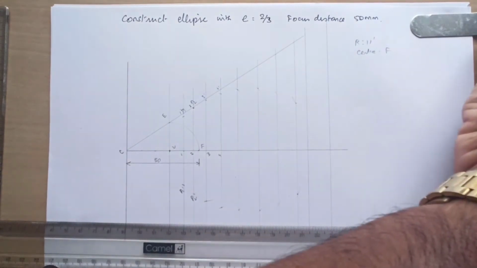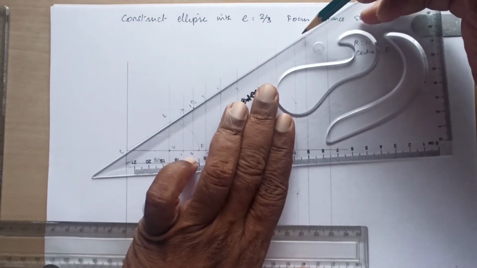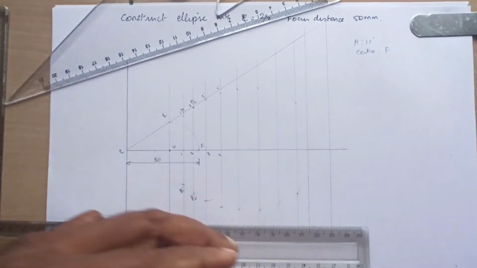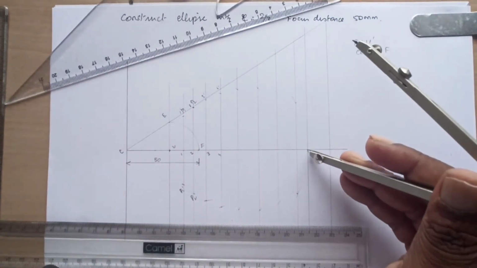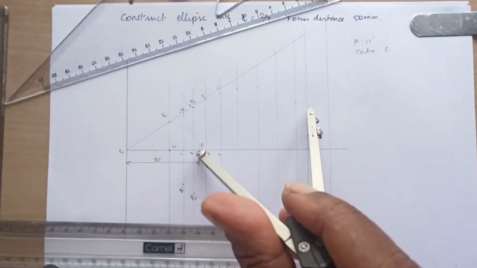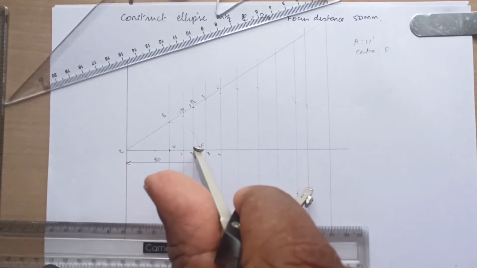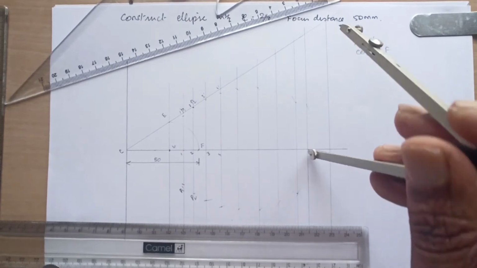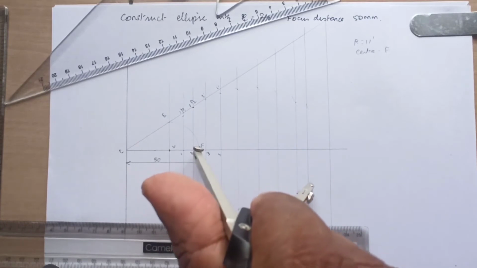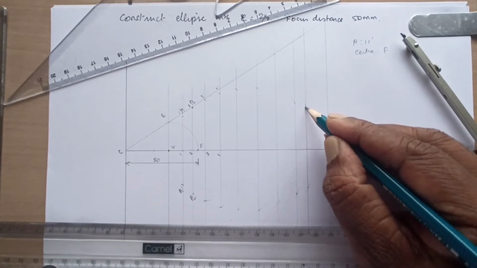We can extend this line also. This is a trial and error method only. We can just see when it converges. From this F we can draw here as well as here.